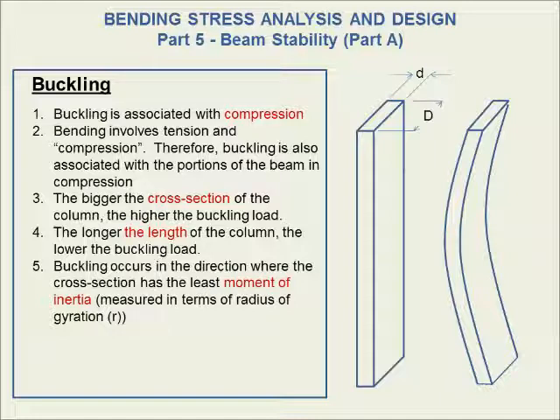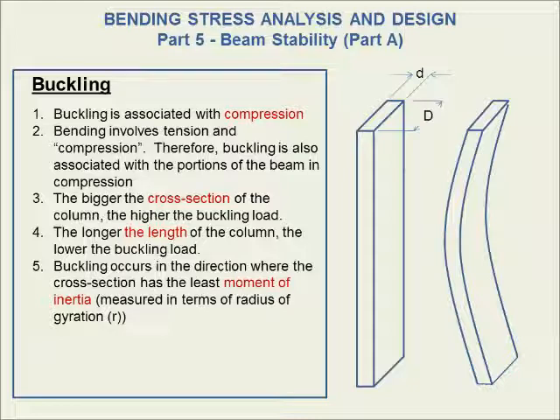So it's the square root of the moment of inertia divided by the area. We'll talk about exactly what the radius of gyration is, but it's just another way of measuring the moment of inertia, measuring the distribution of area with respect to the neutral axis of the cross section.